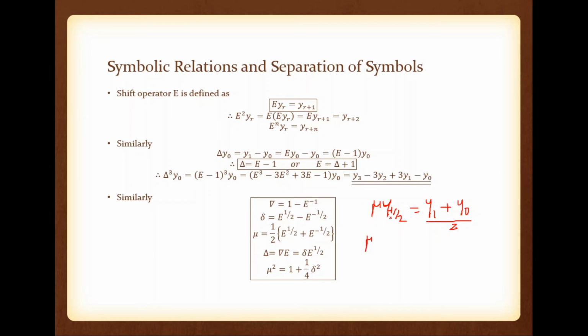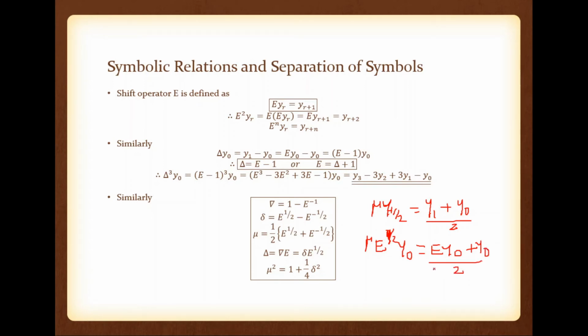What is 1 by 2? That is 0 plus 0.5, right? So e raised to 1 by 2 into y0 means y1 by 2, equal to, what is y1? e y0 plus y0 divided by 2, right?